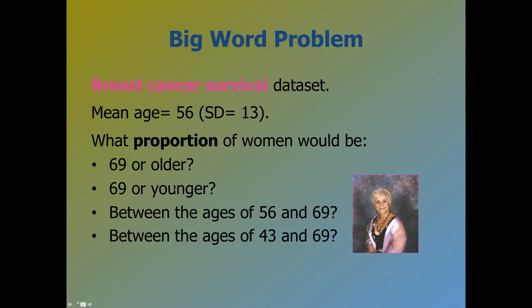For 69 or younger, this is going to be the same z-score that you're going to get from here, only this time you're going to be looking at the opposite direction of the curve, right? And this is in between scores 56 and 69. Notice that 56 is the same as your mean, so you know that this is a z-score of 0, so I wouldn't calculate this.